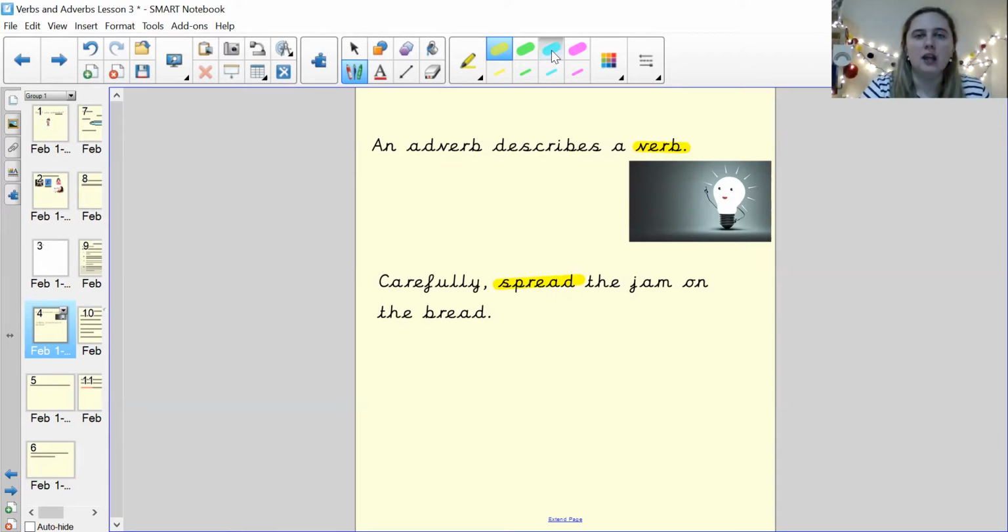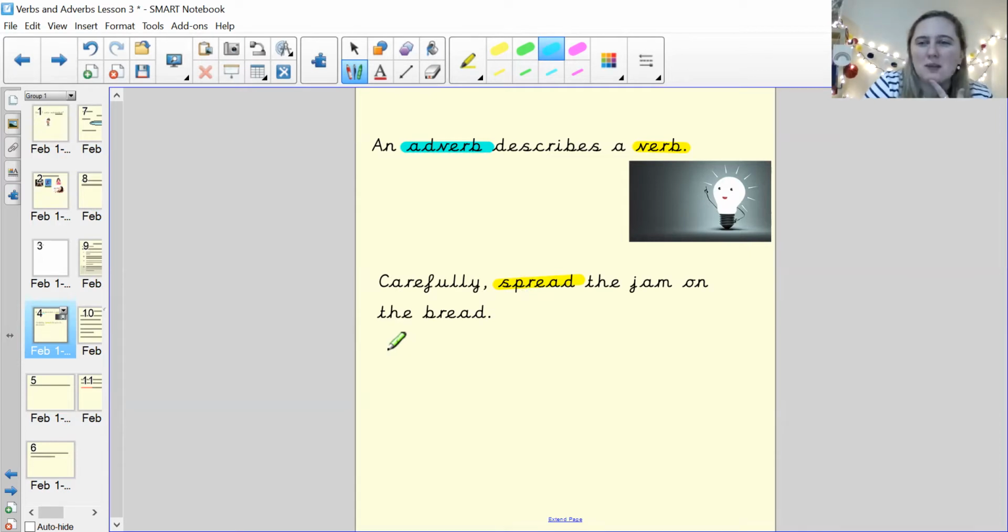Now, the adverb describes the verb. So, which word in this sentence describes how to do the doing word, the verb? Okay, have a listen. Carefully spread the jam on the bread.